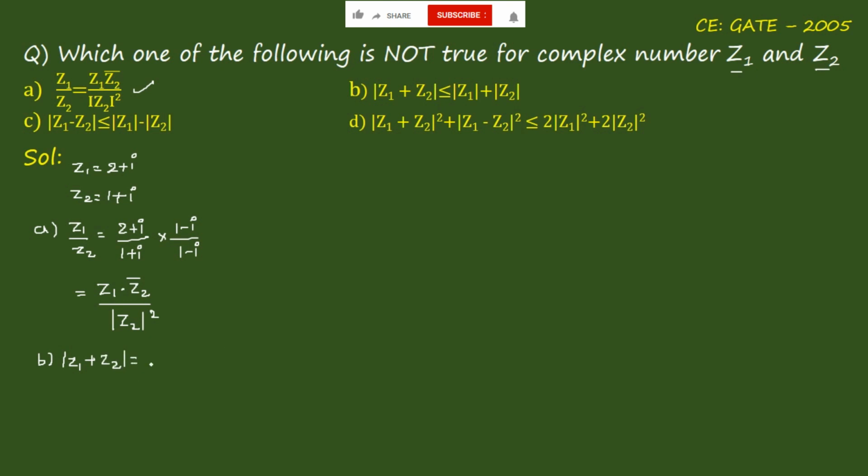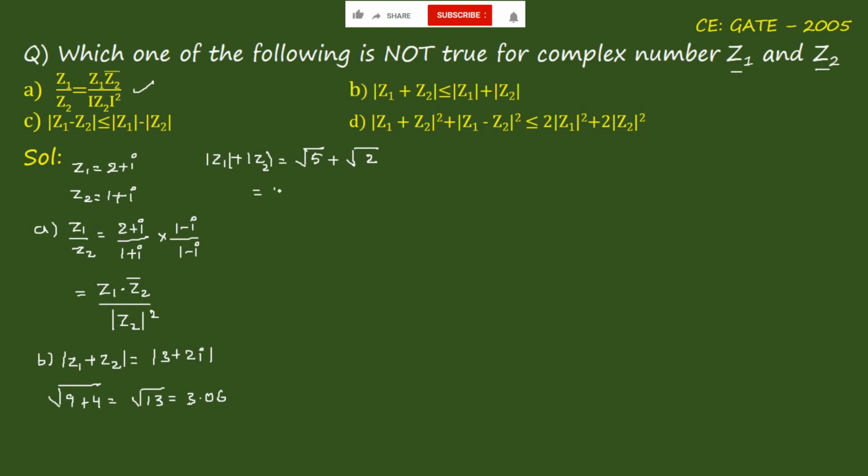When you add both of them, it becomes mod of (3 + 2i). Finding the mod, it becomes root of (9 + 4), which is root 13, which is equal to 3.6. Now mod z1 plus mod z2 becomes root of (4 + 1), which is root 5, plus root of (1 + 1), which is root 2.